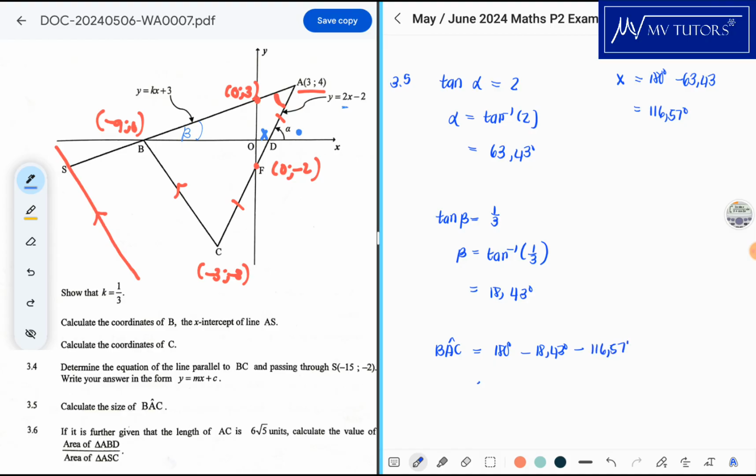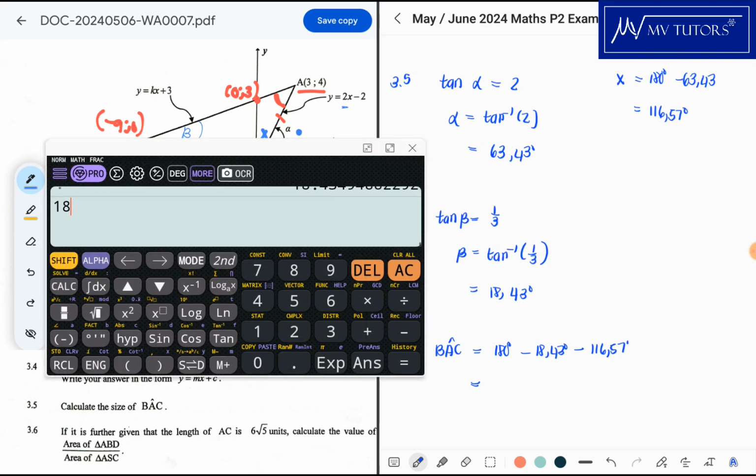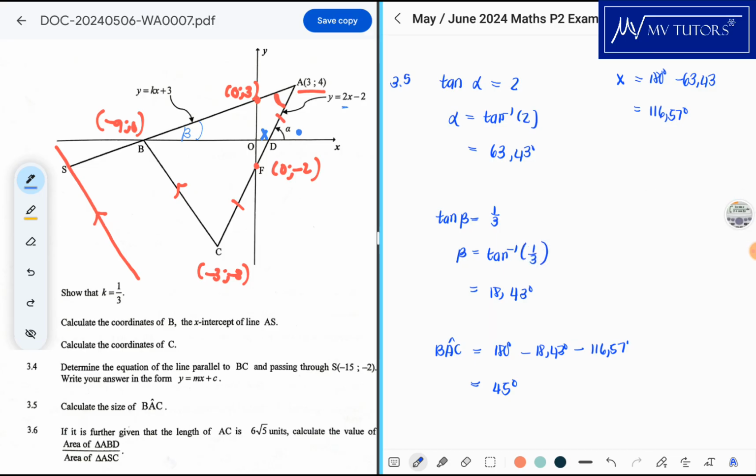You could have used the external angle in a triangle is equal to the sum of the internal opposite angles, but anyway, here we are. So we have 180 minus that answer minus 116,57. So we have 44,995. I hope that you see that that is simply 45 degrees. Even if you round off to 2 decimal places, it does still become 45 degrees. So that's our answer, which is great.